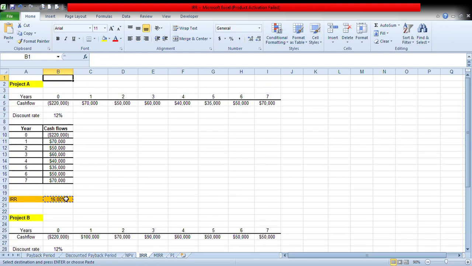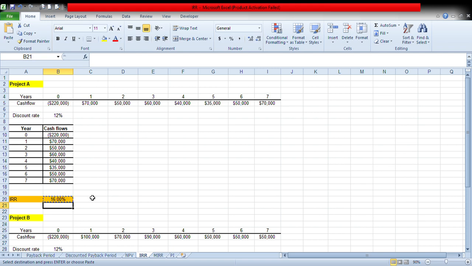For project B. Okay, so for example, your owner tells you that our company's benchmark rate of return is, for example, 6%. If it is greater than 6%, it's okay. If it is less than 6%, it means that you have to reject it. Understand? So that's where we use IRR.